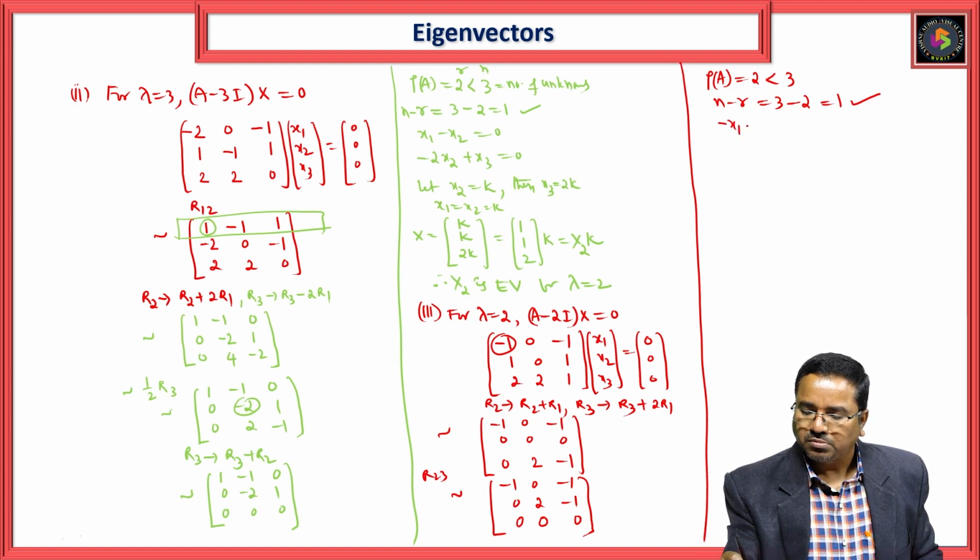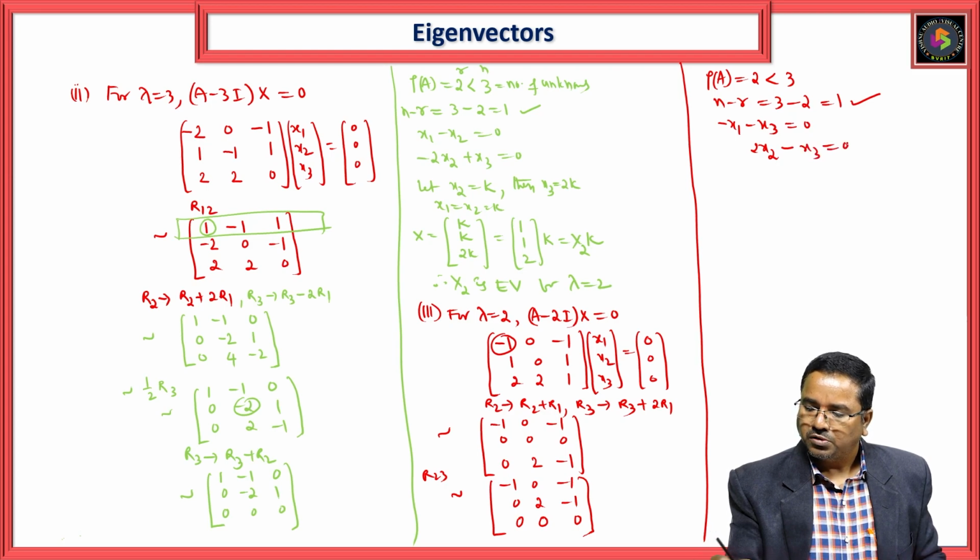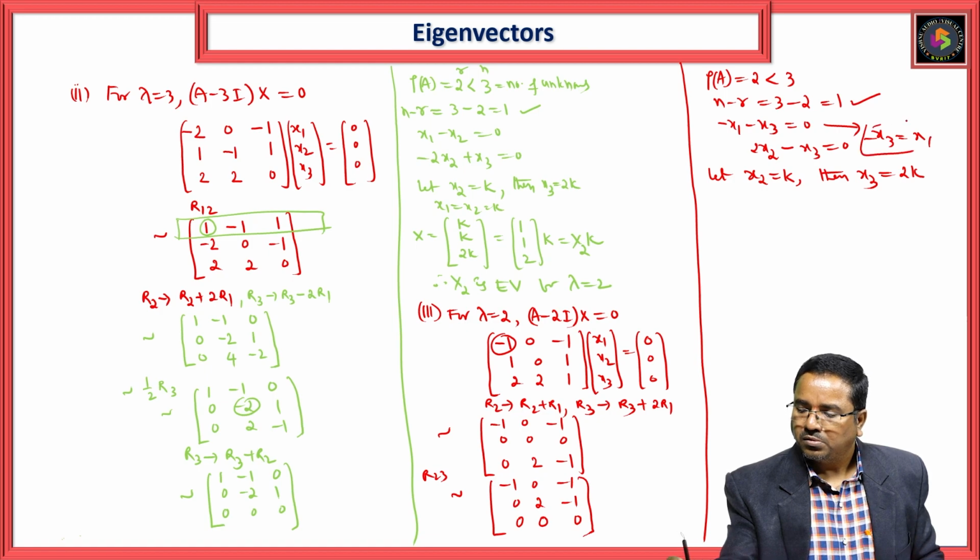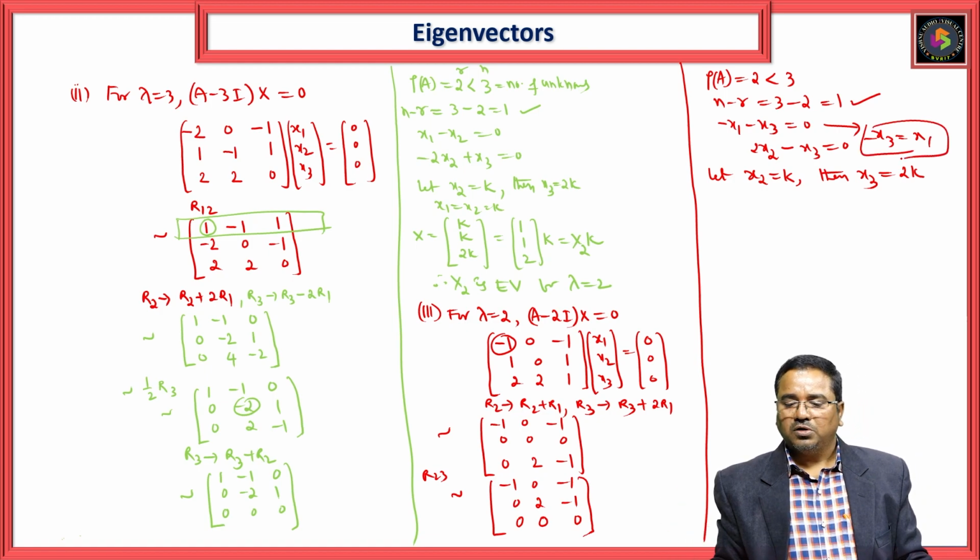Minus x1 minus x3 equals 0, and 2x2 minus x3 is equal to 0. So better take x2 is equal to some k. Then x3 is equal to 2k. And from this, what is x1? x1 is equal to minus x3.